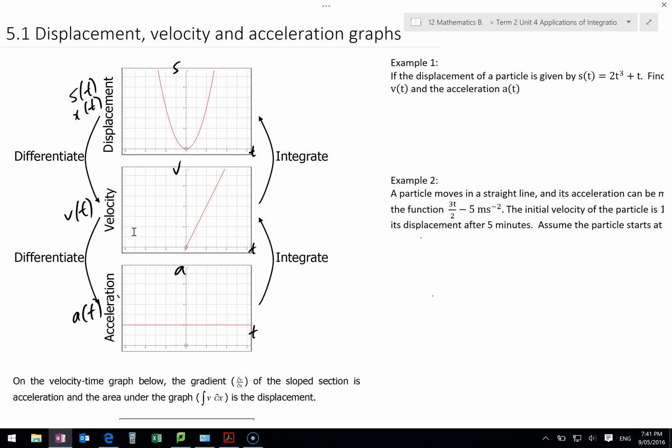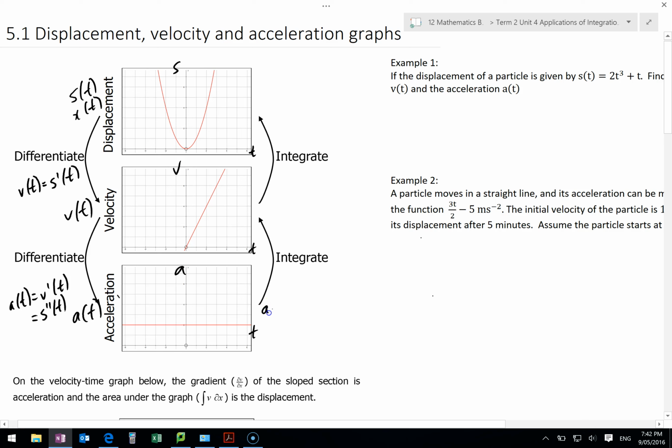But before we do that, just note that the velocity is therefore the derivative of the displacement, and the acceleration is the derivative of the velocity, or we could write it as the second derivative of the displacement. Double dash meaning differentiate twice.